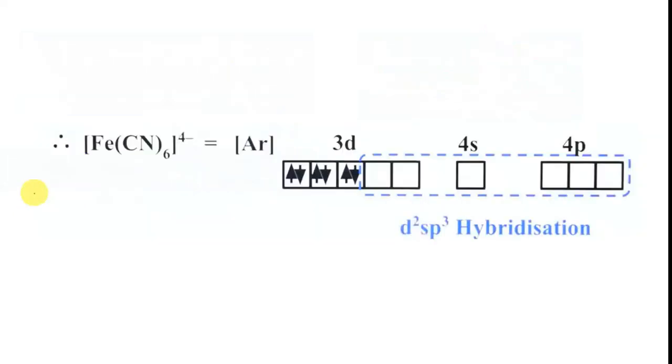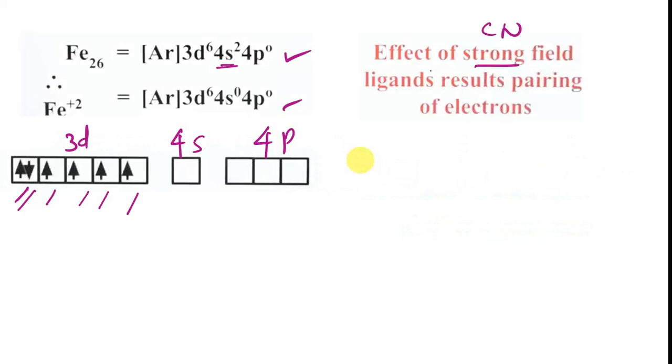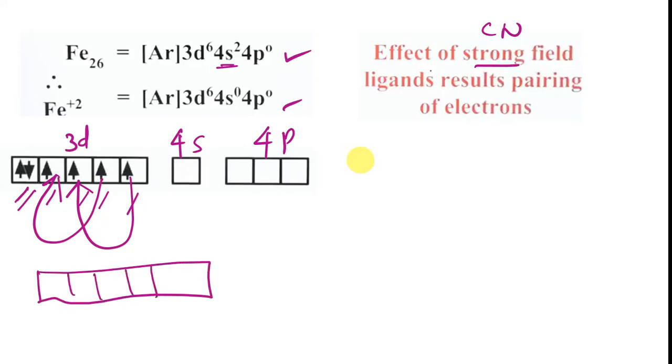When the ligand approaches, what happens? The CN ligand forces this electron to get paired here and forces this electron to get paired here, right? So then how will it be? Here 2 electrons, here 2 electrons and here 2 electrons. Now these 2 places are free.